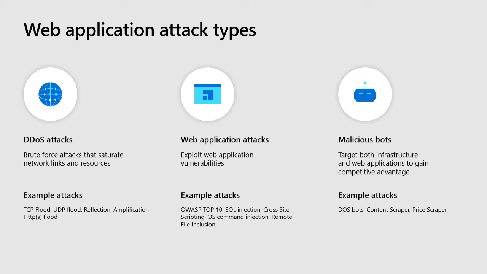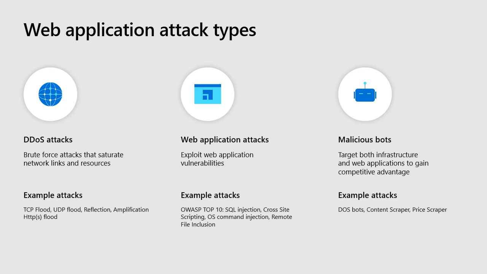Web application attacks here in the second column specifically means these are attacks that are not brute force attacks, or they don't involve large amounts of bandwidth, but rather they exploit web application vulnerabilities, such as, for example, SQL injection attacks, cross-site scripting, OS command injection, remote file inclusion, and other similar types. The third type of web application attack is what is called the malicious bots.